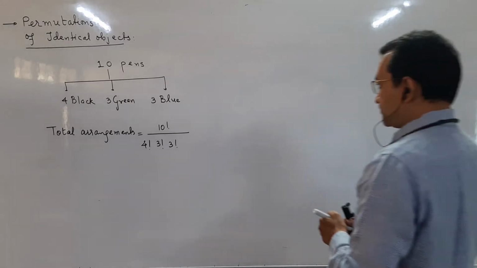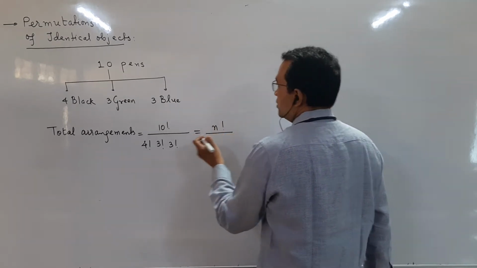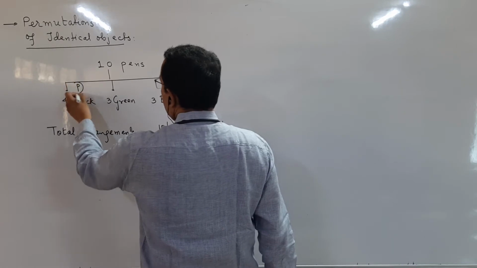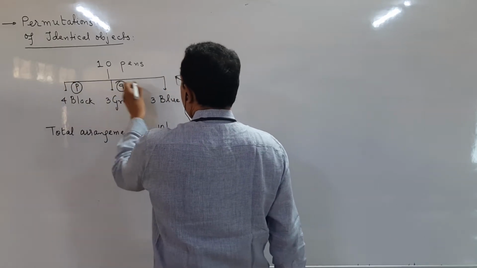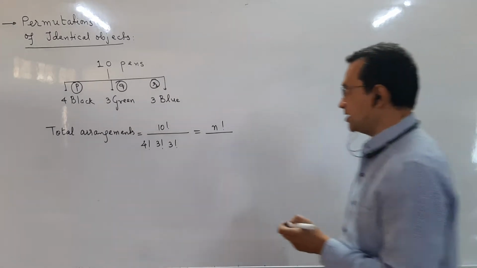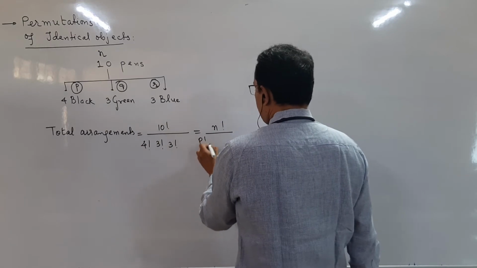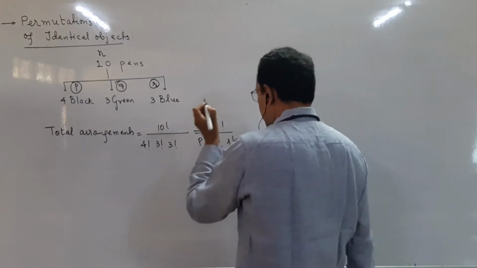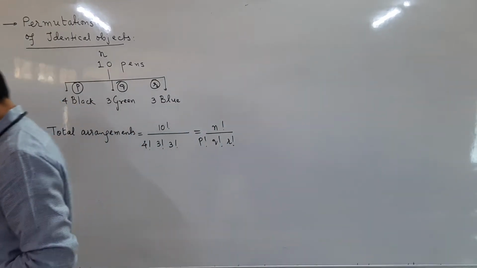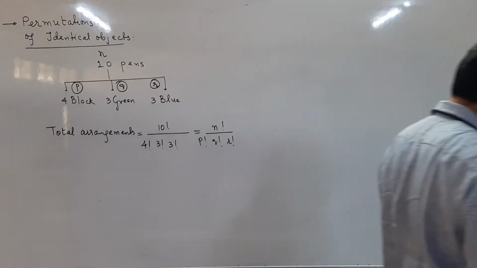So in general, we have n objects, out of which p are of one type, q are of second type, and r are of third type. Then the total permutations of these objects is n factorial divided by p factorial into q factorial into r factorial. This is what, students, we have in terms of permutation with identical objects.